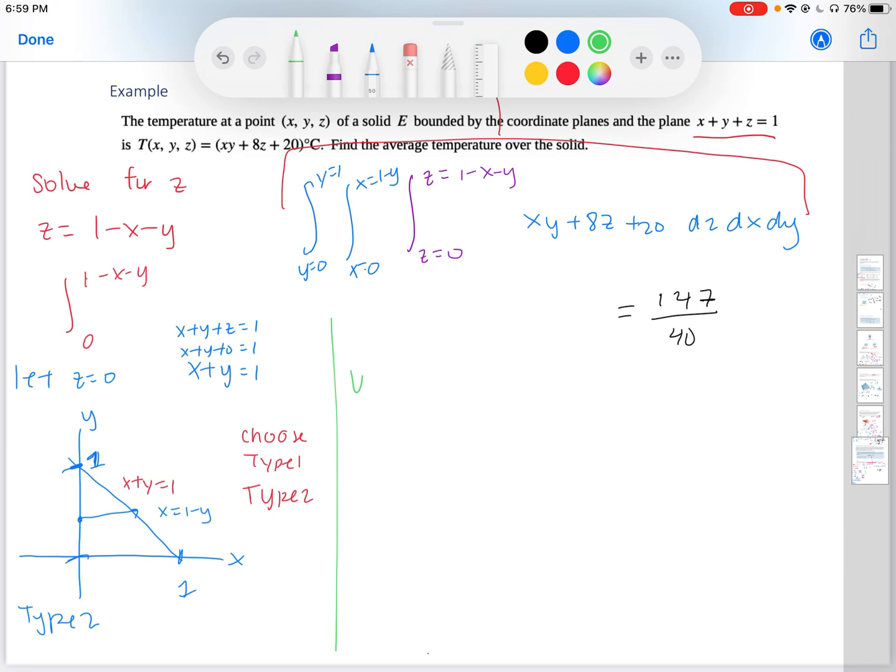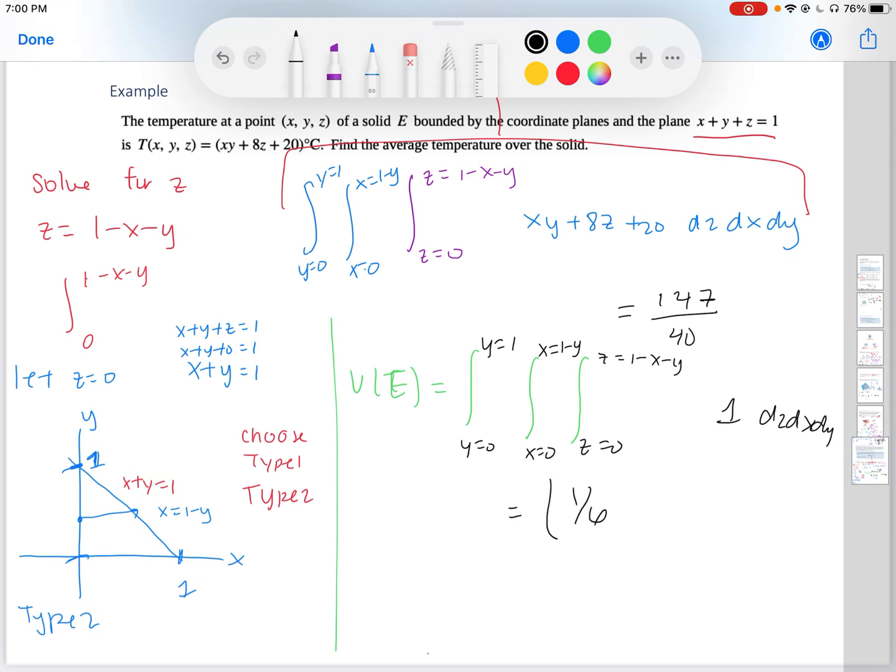So this V of E is made up of our same bounds for integration: z is from 1 minus x minus y to 0, x is from 1 minus y to 0, and y is from 1 to 0. But now it's over 1, dz, dx, dy. Your answer here is 1 over 6 once you're done integrating.